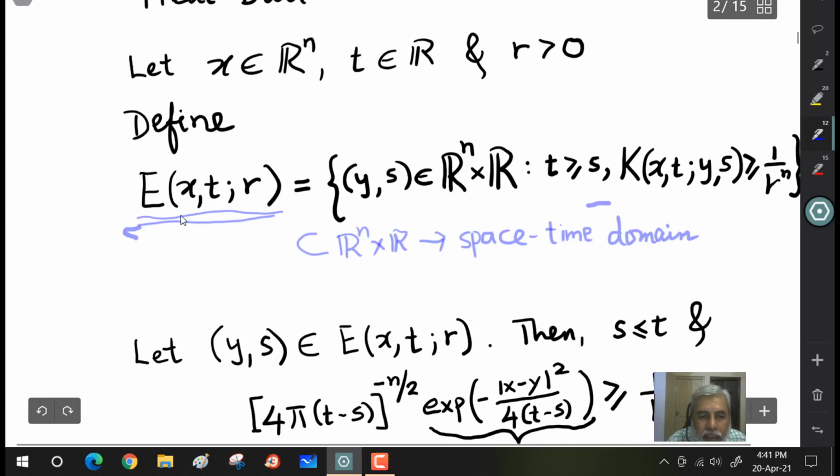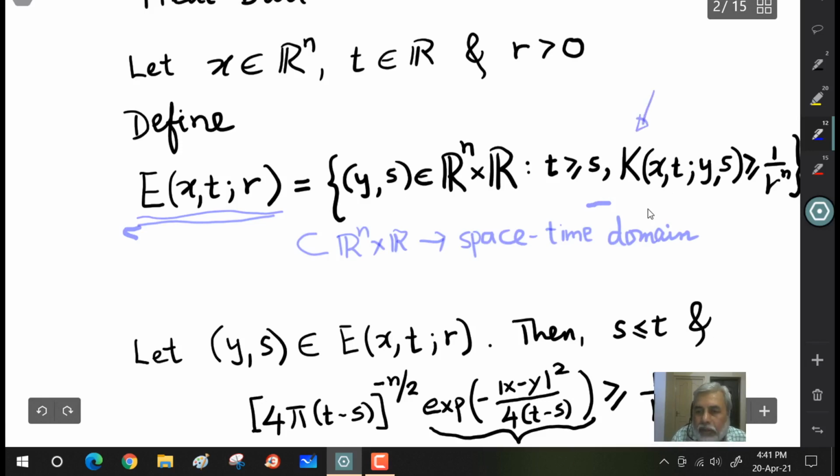The set E(x,t,r) consists of all elements (y,s), y in Rn and s a real number, where s is less than or equal to t, so t is given to us, and this is the fundamental solution of the heat operator.